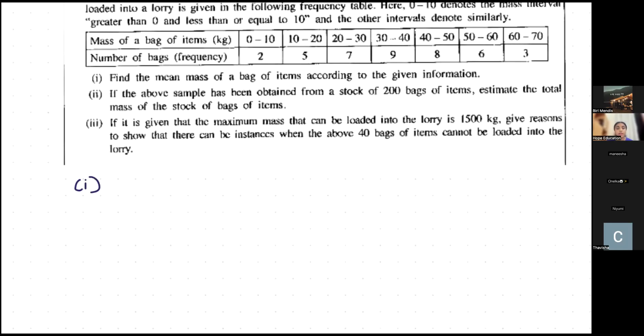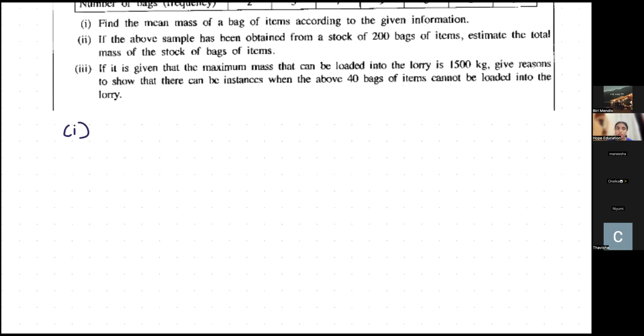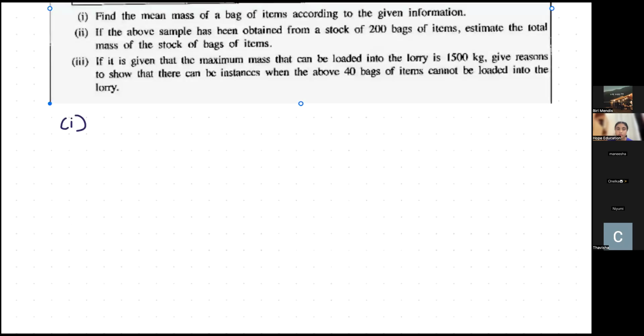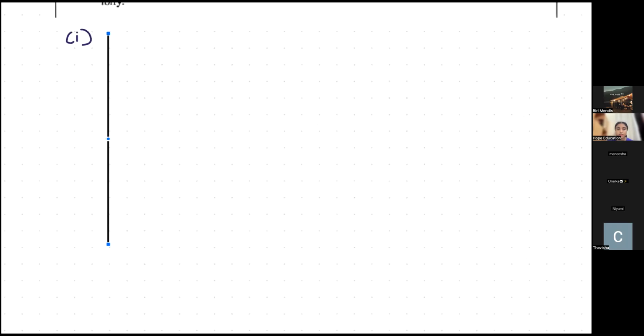In our table, you can find the mean using the normal method, or if you prefer, using the assumed mean method. The question doesn't say which method to use, right? You can use either method. I will show both methods, because otherwise it's not fair. Anybody who has used assumed mean?